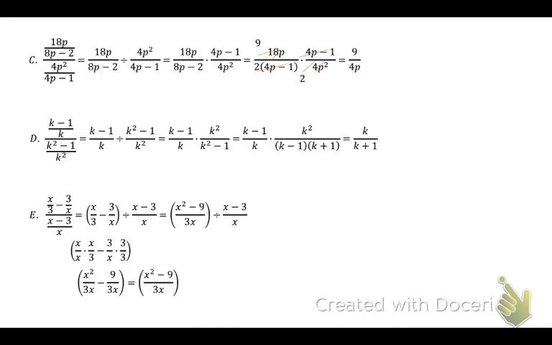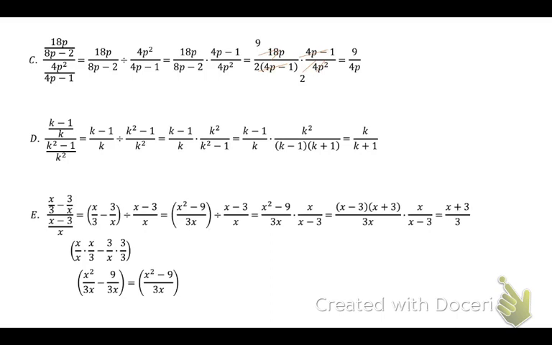And that's going to go back and replace that up there. Now I'm going to flip that fraction and multiply. That x squared minus 9 factors to x minus 3, x plus 3. Nothing else factors. Then we can cancel things. So this x minus 3 cancels with that. This x cancels with that x. And I'm left with x plus 3 over 3.